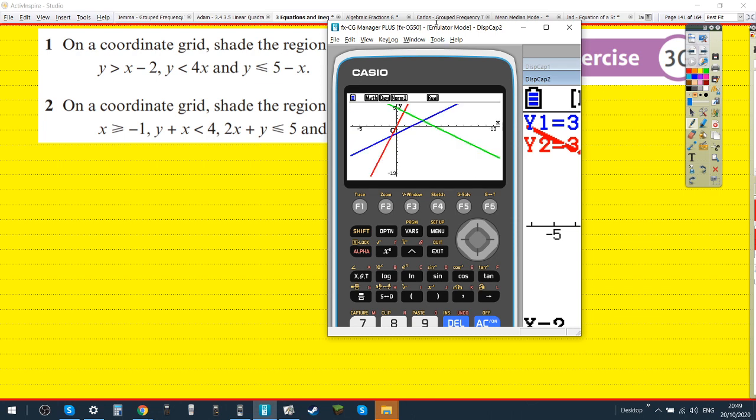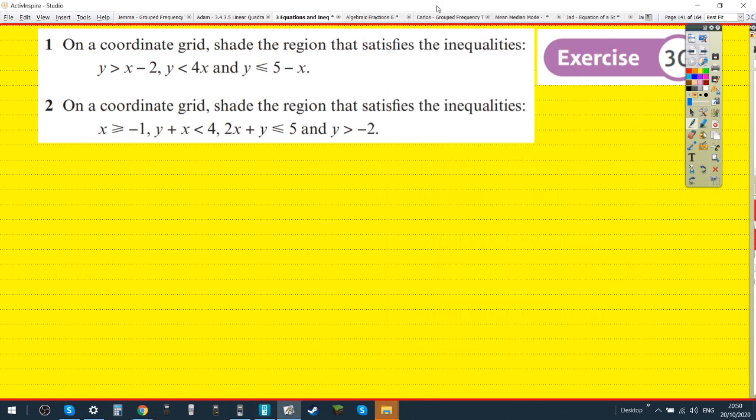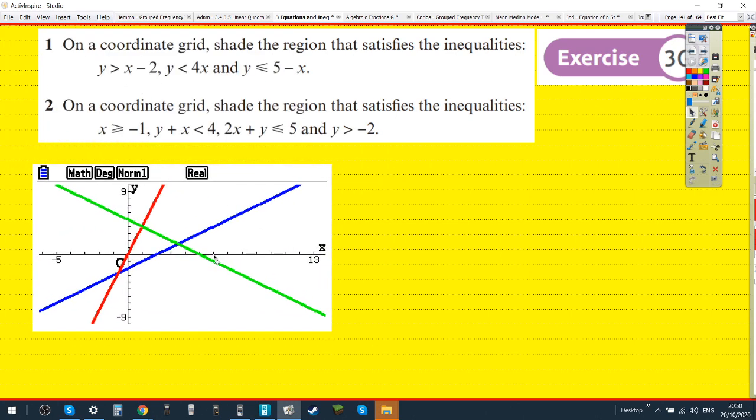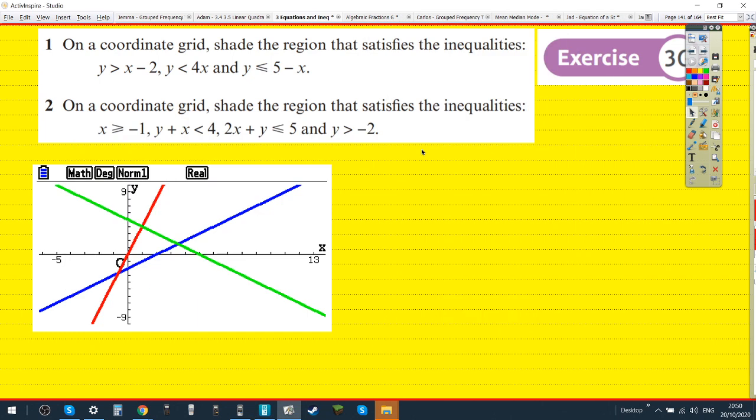And so you have to shade the region. Let me move it up a bit. That looks all right. So copy, paste. So I put them in the order that they came in. So it goes blue, red, green.